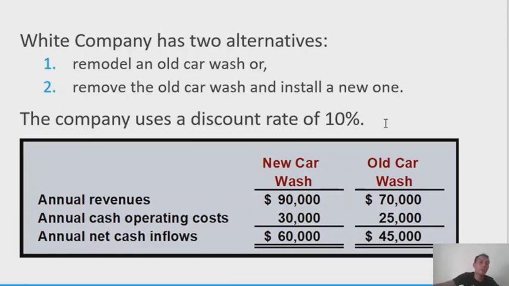Okay? So dito, ang gagamitin na discount rate or minimum rate of required return is 10%. So, kailangan para acceptable yung project, your IRR should be equal or greater than your discount rate na 10%.